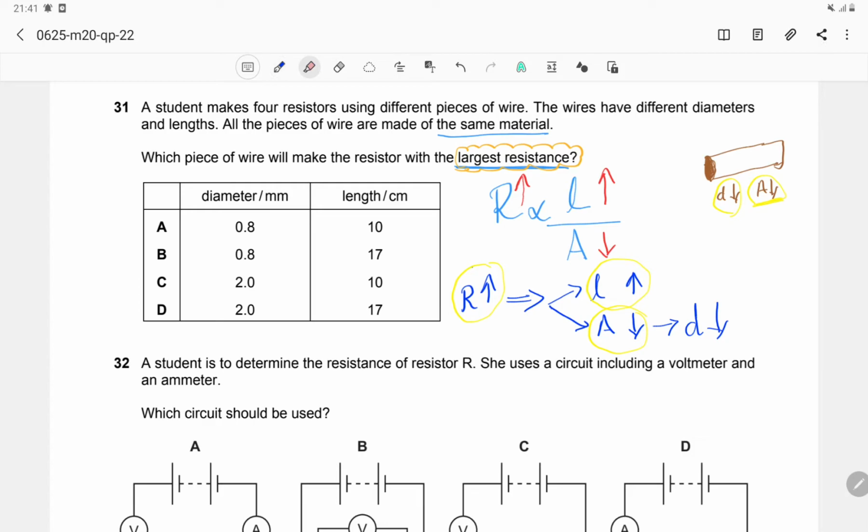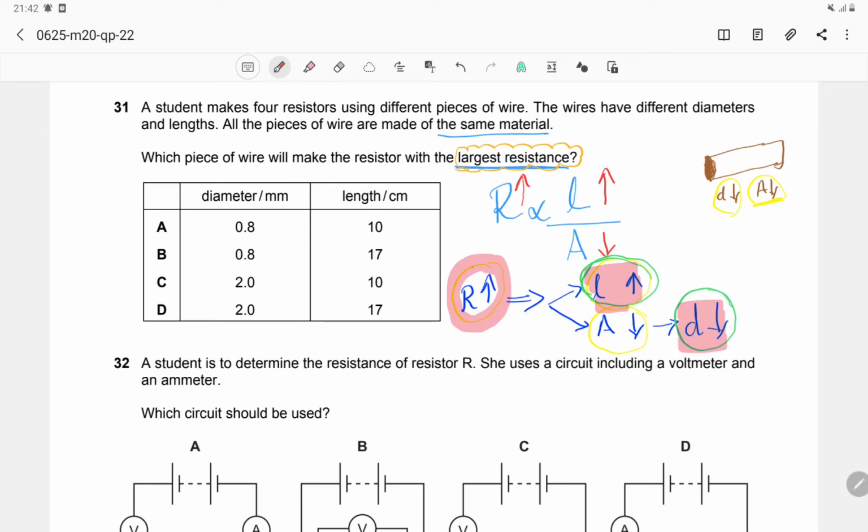Here you are provided with the diameter of the wire and length of the wire. In order to get a larger resistance, you should choose the wire which has a greater length and a smaller diameter. So let's check which wire has a larger length and a smaller diameter.